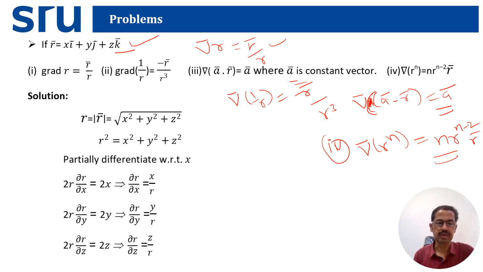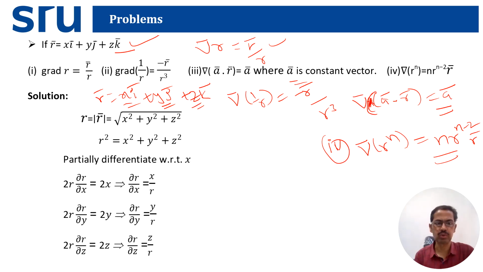First, r bar is a position vector, and what is its magnitude? R bar is x i bar plus y j bar plus z k bar, and its magnitude is the square root of x square plus y square plus z square.